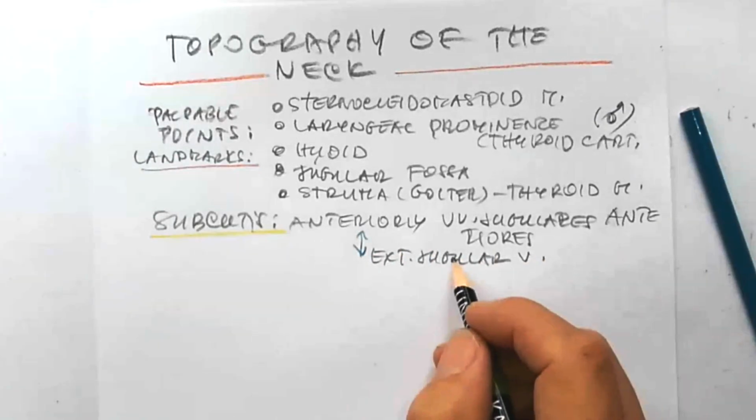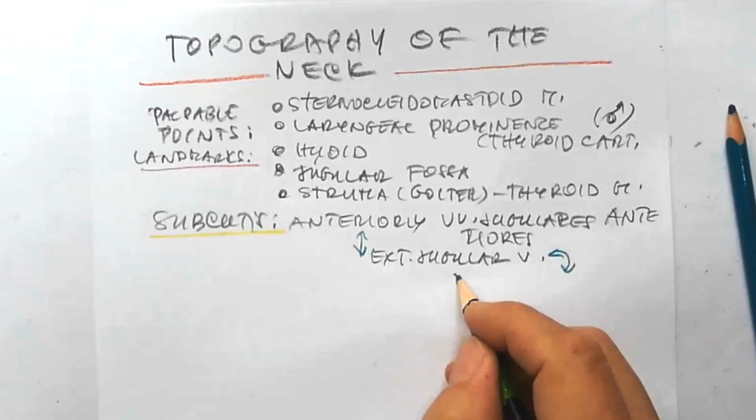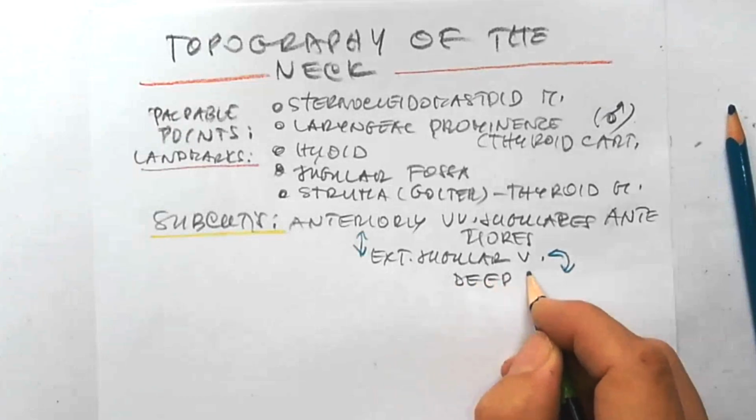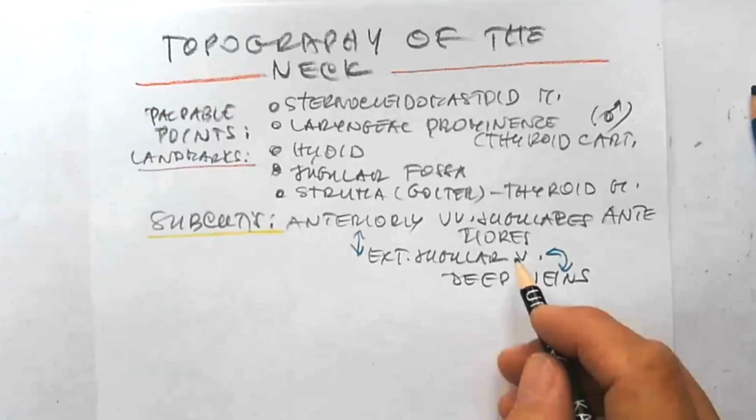And the external jugular vein is important; it represents the important interconnection with the deep veins. So again, concerning the spread of infection, we see direct routes.